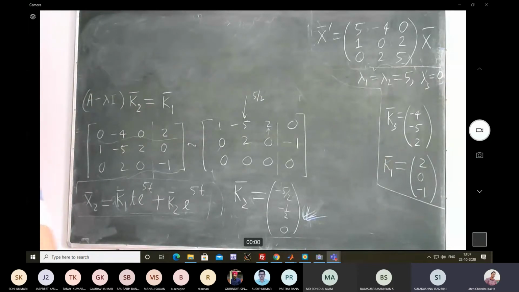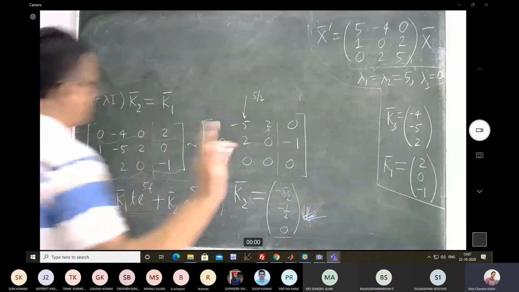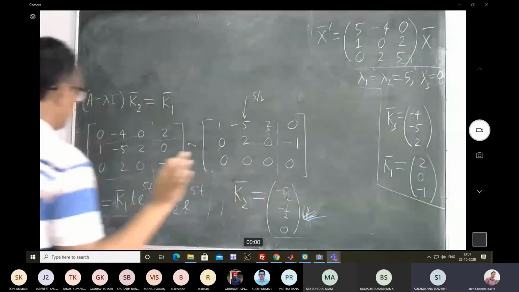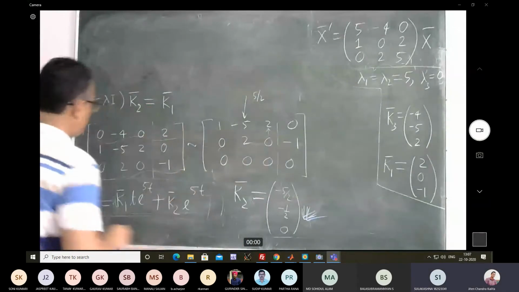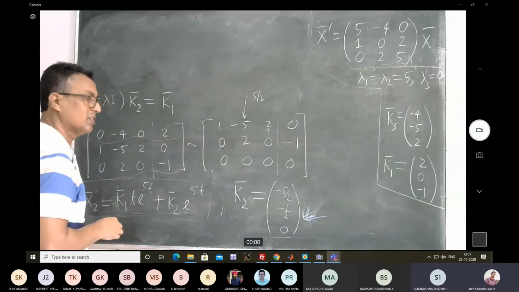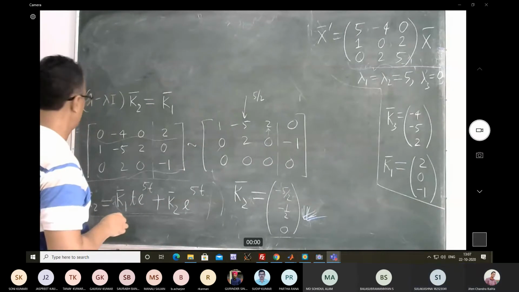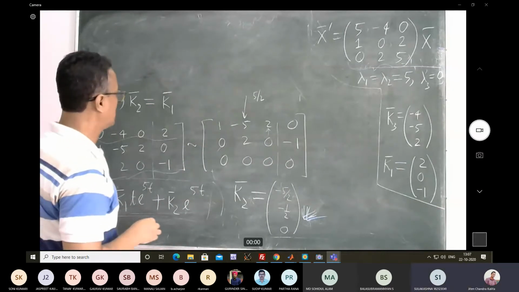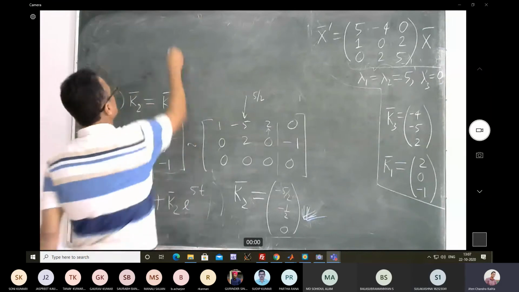No, why are you bringing a scalar multiple? That I'm not getting. What? Just a minute. From the first equation... Which first equation are you talking about?